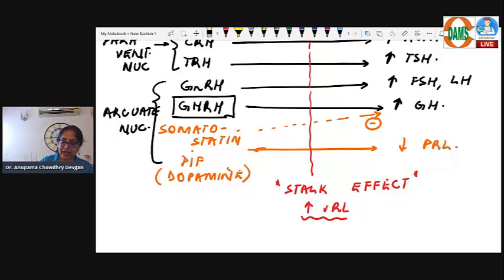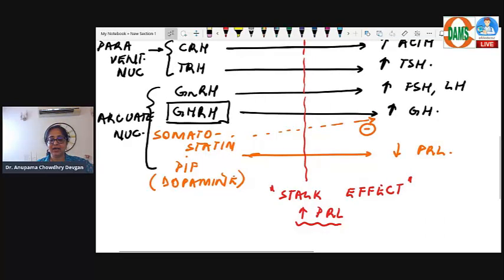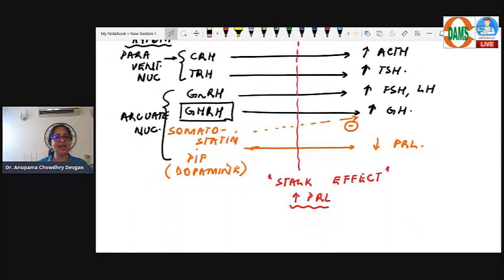Okay, understood? All other hormones of the anterior pituitary will be reduced: decrease in ACTH, TSH, FSH, LH, growth hormone, but increase in prolactin. This is known as the stalk effect, and this question has been asked a number of times.